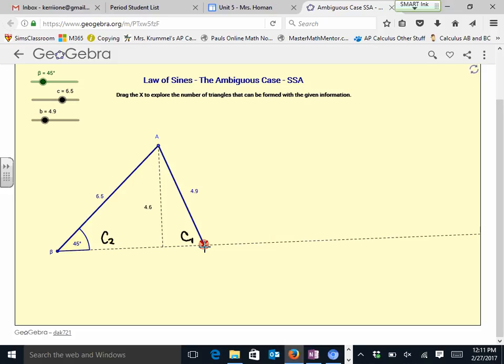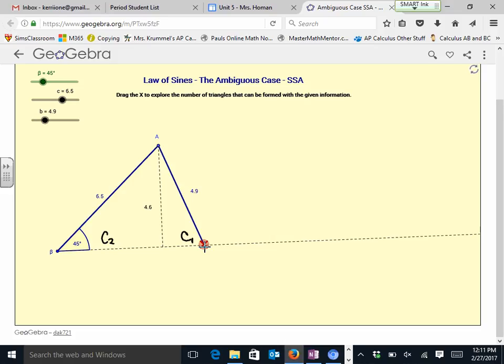So when we have the ambiguous case, sometimes we're going to have two triangles to solve out, so it's kind of like we have two problems at once. But sometimes we get no solution and we don't have to do any work. So it'll even out in the end, okay? But we need to see what happens with each case.